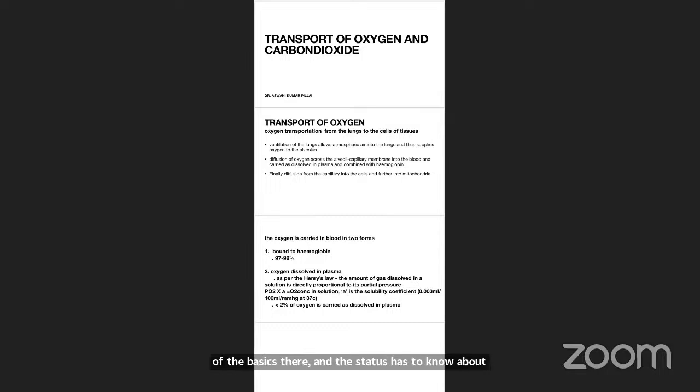Now coming to the topic, transport of oxygen: oxygen transportation from the lungs to the cells of the tissues. So basically that is all we are looking at. Starting from ventilation of the lungs, which allows atmospheric air into the lungs and supplies oxygen to the alveolus.